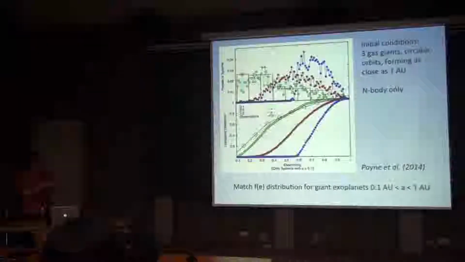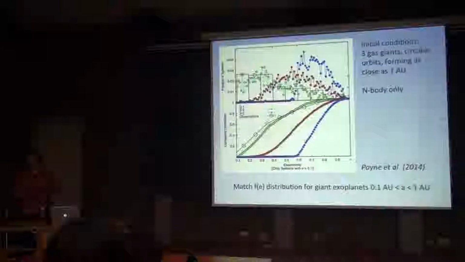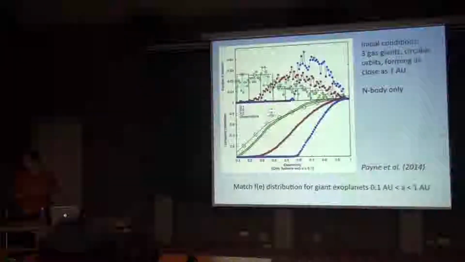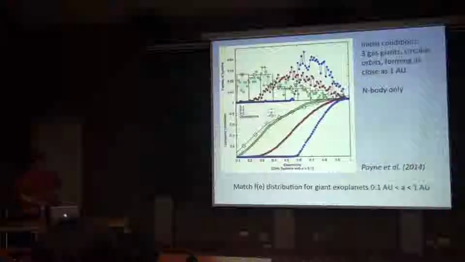And this green curve here is what you get from these kind of scattering experiments, as long as you assume that the planets start this process, they start scattering, and in some cases relatively close to the star, as close as 1 AU away from the star. If you do that, you can get quite a good match to what is seen for the exoplanet eccentricity distribution.